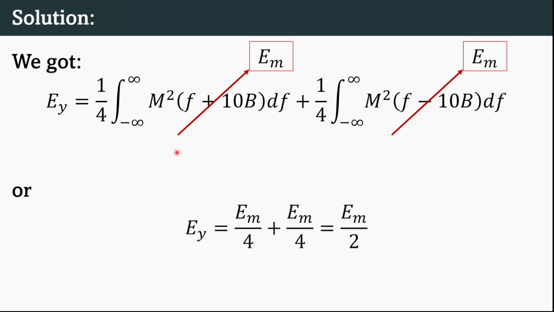We get Ey to be equal to how much? 1 by 4 times that integral, which is equal to Em, so Em by 4, and 1 by 4 times this integral, which is again equal to Em, so Em by 4. So Ey would be Em by 4 plus Em by 4, which is equal to Em by 2. This is just half the energy of the actual message signal m of t.